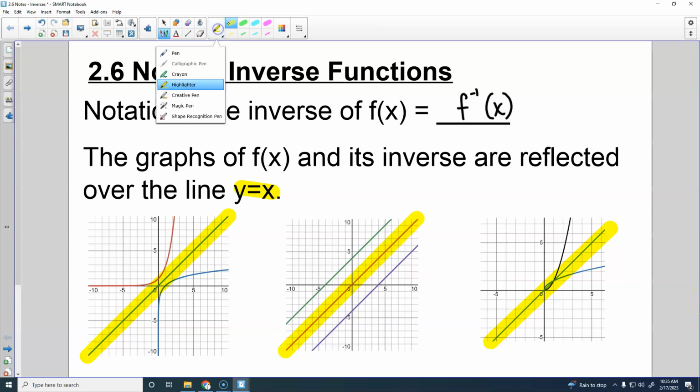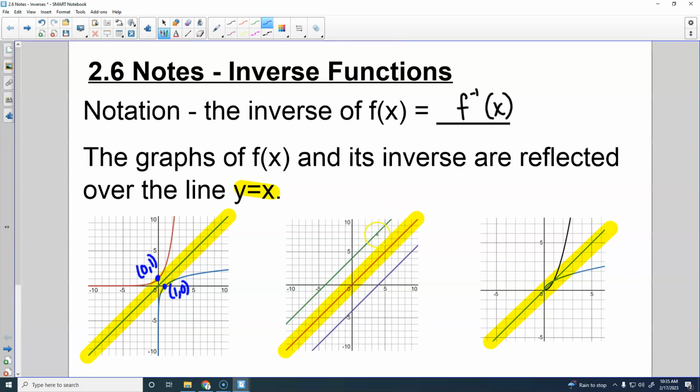One thing to note about what you're going to see here is on these graphs, if I have a point, let's just use this point right here. The point on this graph right here would be (0, 1). If (0, 1) is on the graph of a function, then (1, 0) is going to be on the graph of the inverse, right?